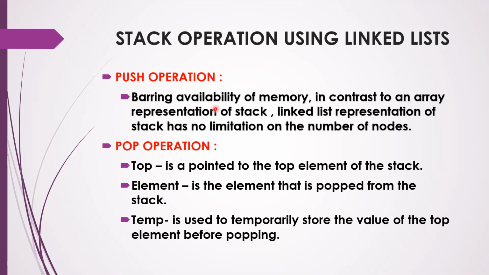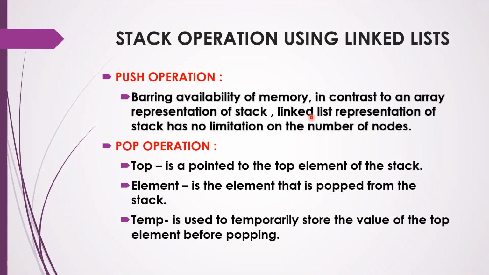So you need not check for overflow or underflow for the push operation. But if you want a warning to be displayed in case of unavailability of memory, like if it has crossed 4 GB and only 4 GB is available, then for the safer side, we can check with an if condition. If the memory is over, then you can't have any dynamic allocation.